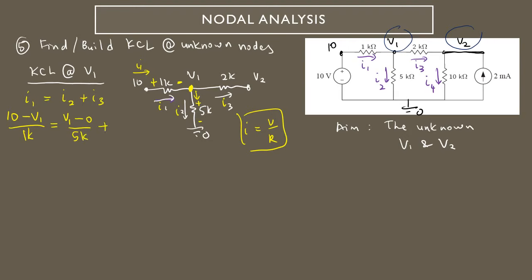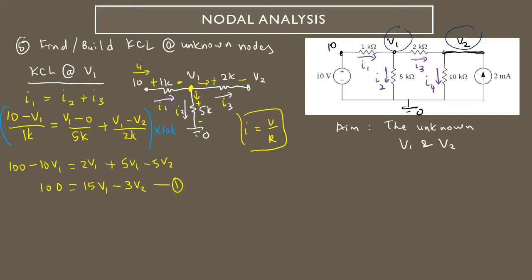What is I3? The entering current of 2K here should have a positive here and minus here. So V1 minus V2 divided by 2K. And you simplify this. Here you can multiply by, let's say, 10K. The kilo you can cross out, and you will have the first equation here.